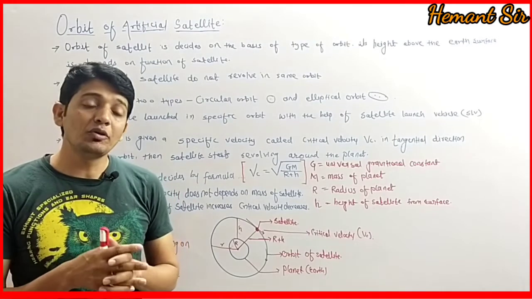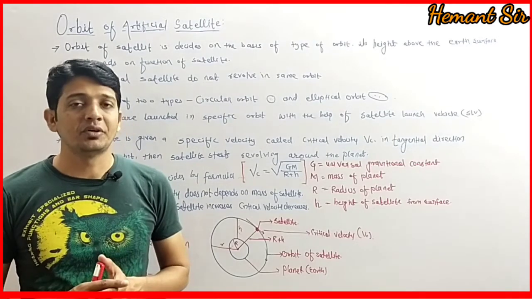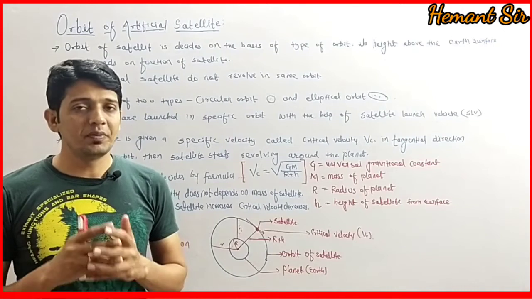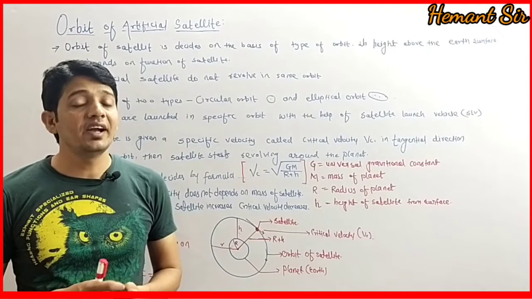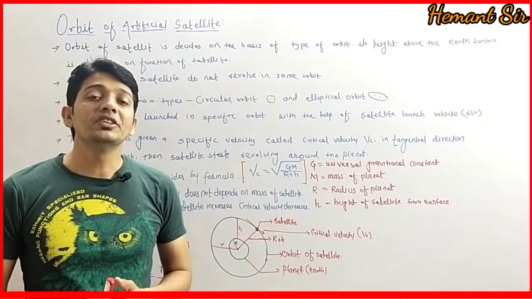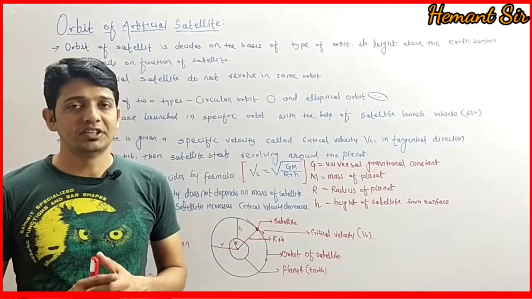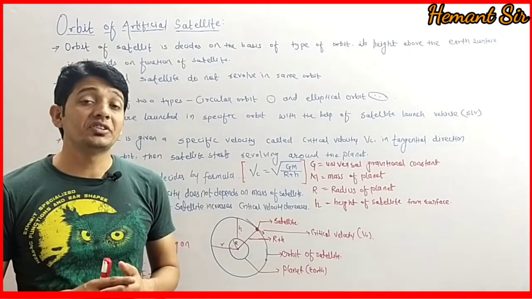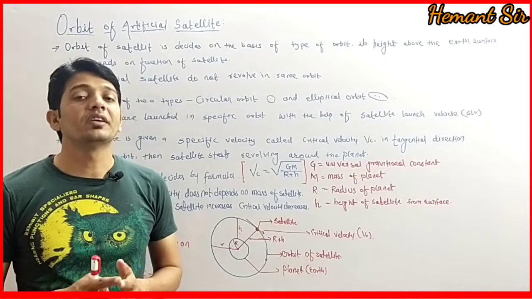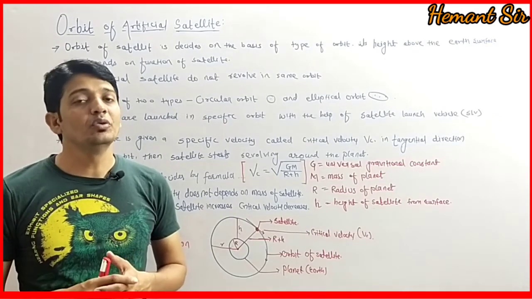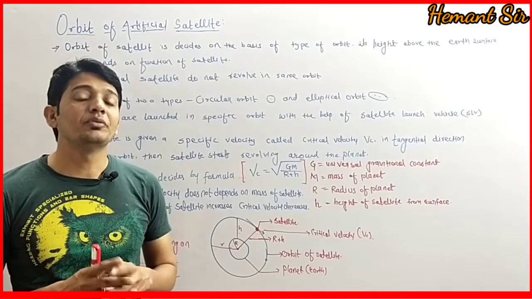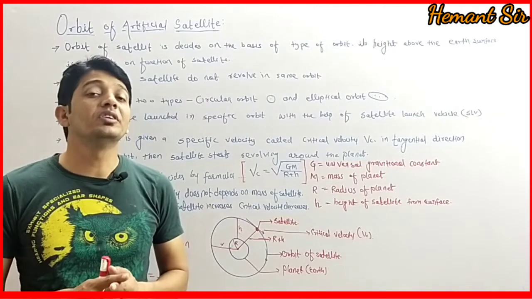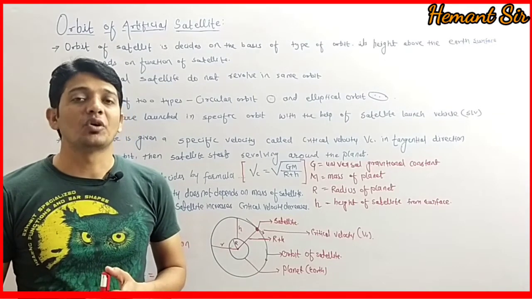That's why they have to be placed in a specific orbit, whether an elliptical orbit or a circular orbit. It is decided on the basis of the function of the satellite. We have to decide how and where the satellite is going to perform its function. That particular path in which the satellite revolves around the earth is nothing but its orbit.